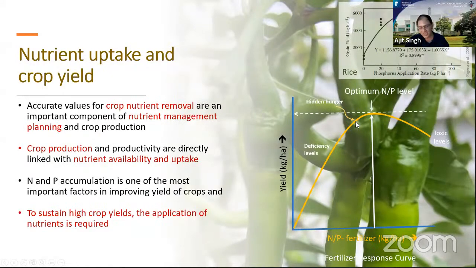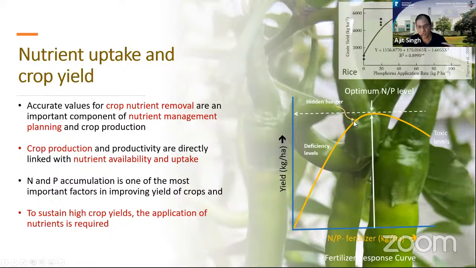So we have children that are deficient in vitamins and minerals, but they do not show symptoms. So that's a very critical area. We must ensure that children get an adequate, balanced diet all the time so that they do not suffer from hidden hunger. Similarly, the plants must get fertilizer at the right time, in the right quantity, so that these hidden hunger symptoms will not occur, because this is very, very critical.